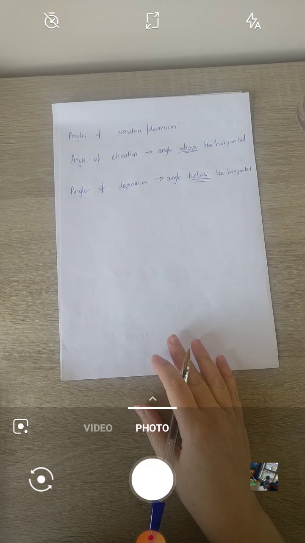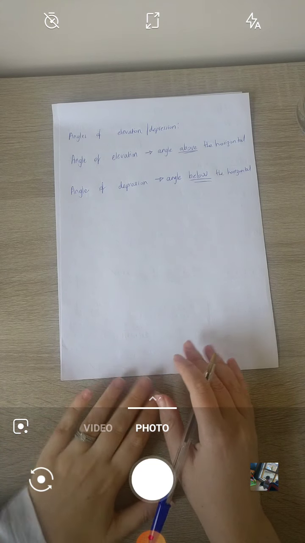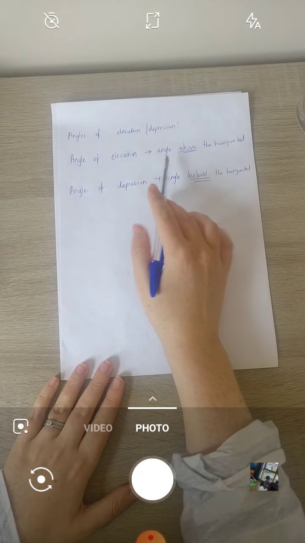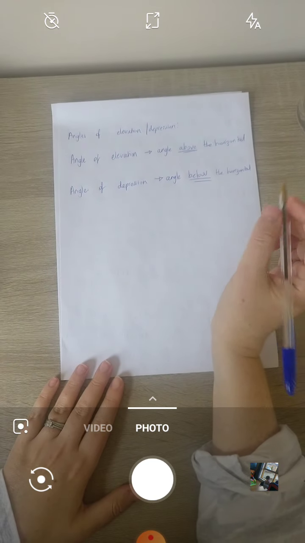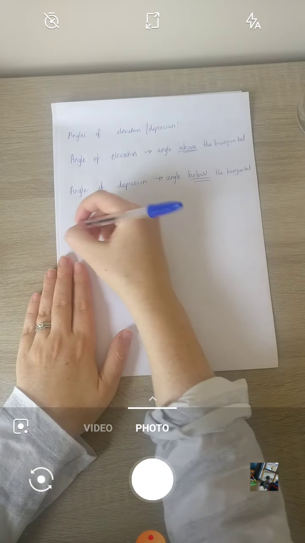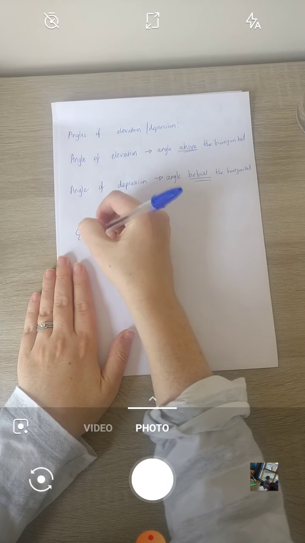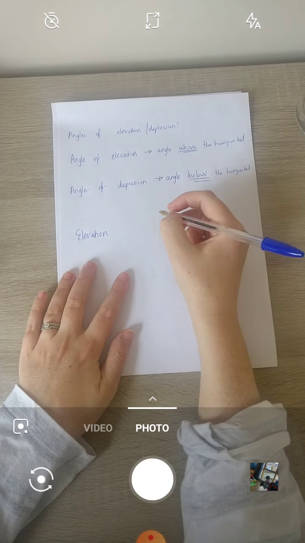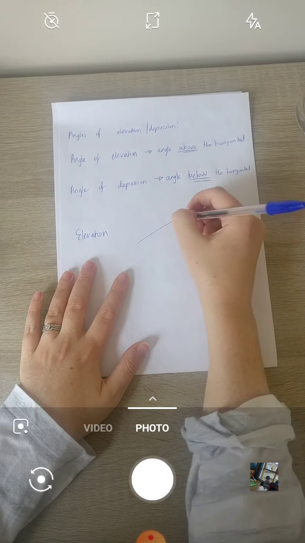Okay, and the last thing we're just going to talk about here is the angles of elevation and the angles of depression. So elevation means to go up and depression means to be down. So what we're looking at here is an angle of elevation is an angle above the horizontal. So let's look at this in a picture. We have a right angle triangle.